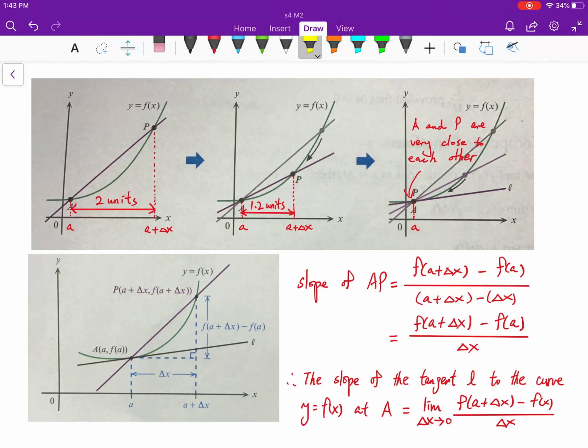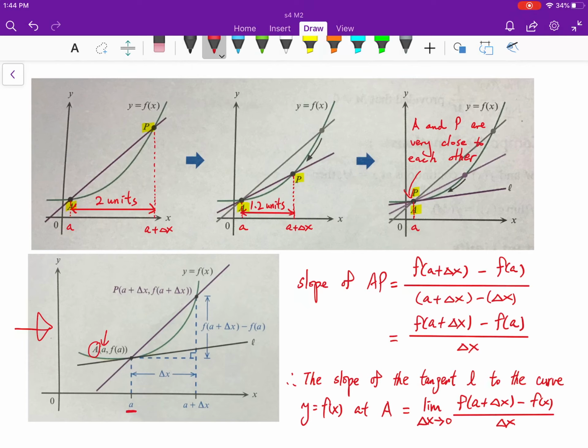Now we go to some more details. In this graph we have points A and P, and in the different graphs we also have points A and P. Let's look at this first.